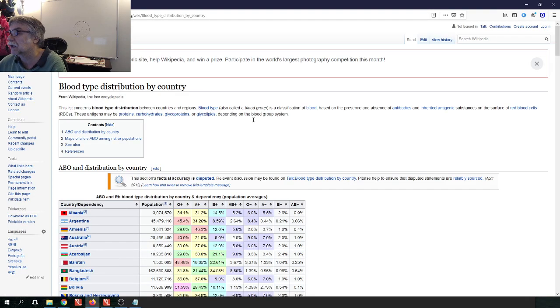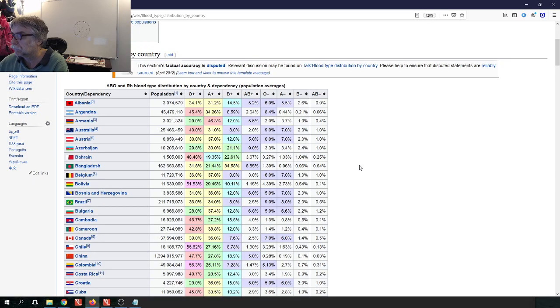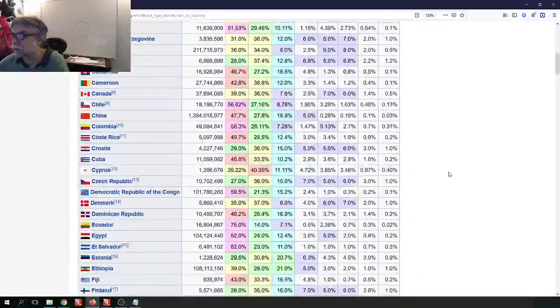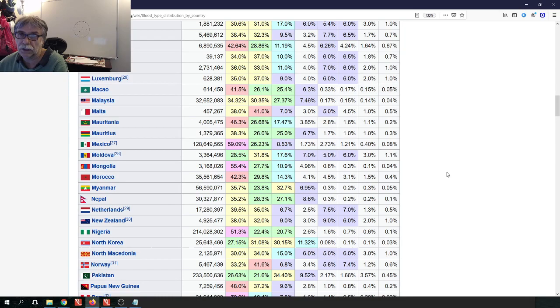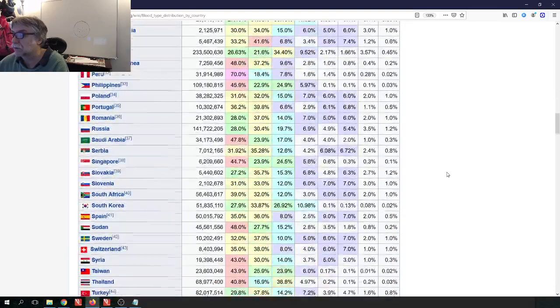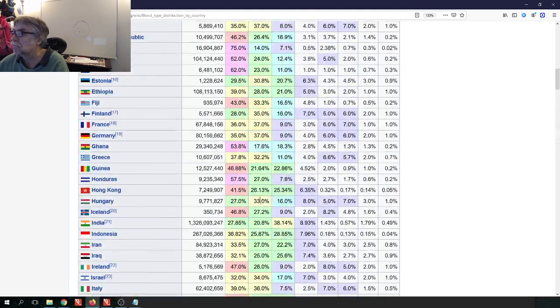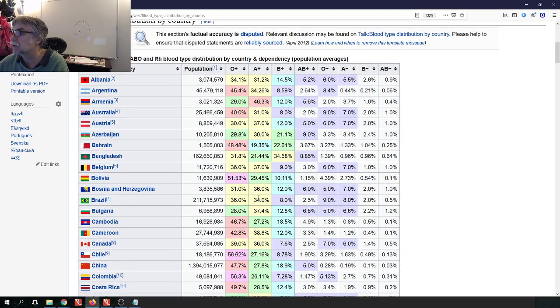Blood type distribution by country. So I'm going to think about the United States here. Even if you go from country to country, it's a different distribution. But in the United States, we have 37% blood type to be O plus, excuse me. And then A plus, B plus, AB plus.